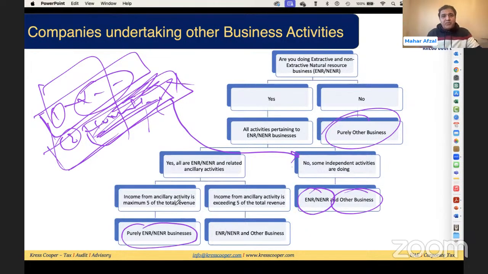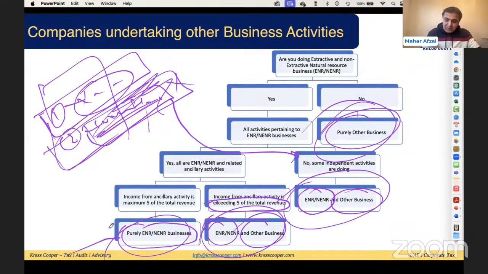But if your revenue from incidental or ancillary activities is more than 5% of the total revenue, then the law says it will be assumed that you are doing extractive and non-extractive natural resource business plus other business as well. So here there are two businesses, and here there is one business.